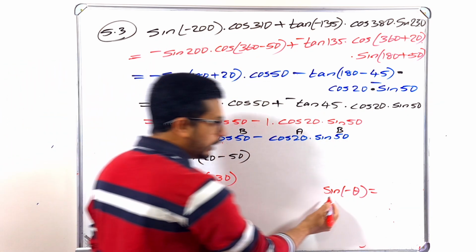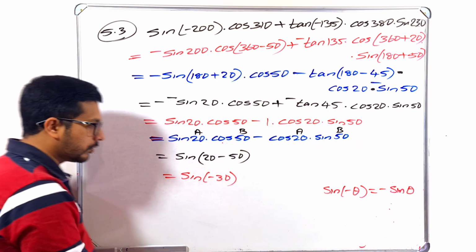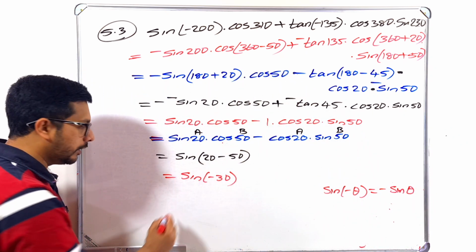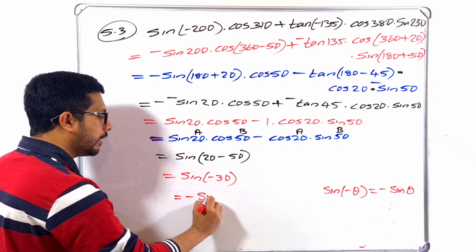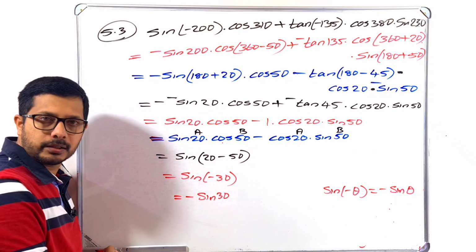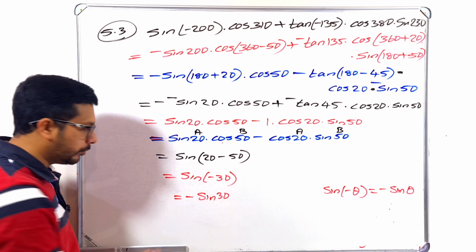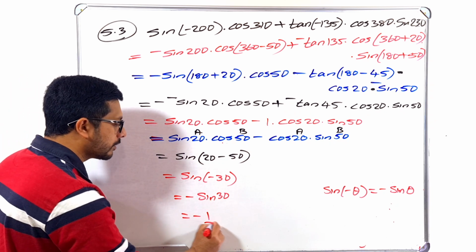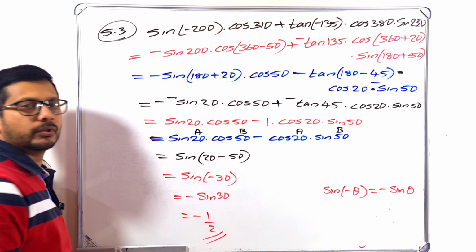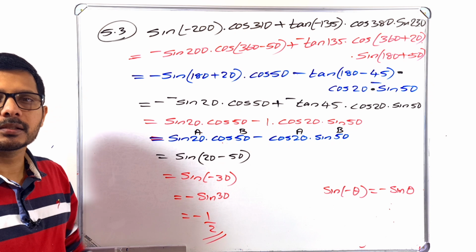There I said sin of minus theta is minus sin theta. So sin of minus 30 is the same as minus sin 30. Sin 30 is a special angle, is it not so? What is the value of sin 30? 1 over 2. So that one is minus 1 over 2. So the value of this expression is minus half.